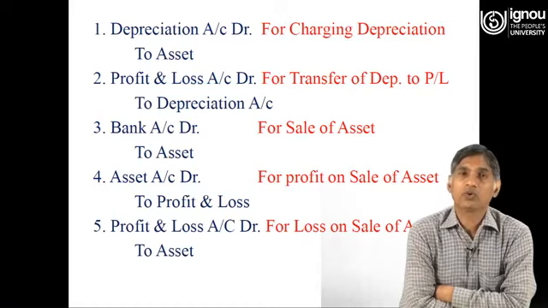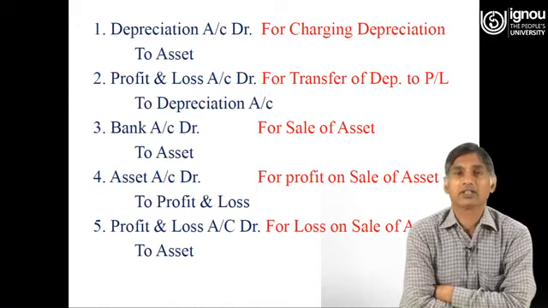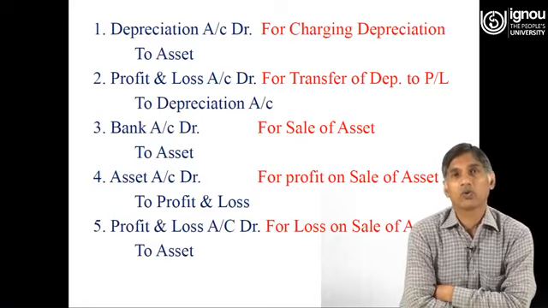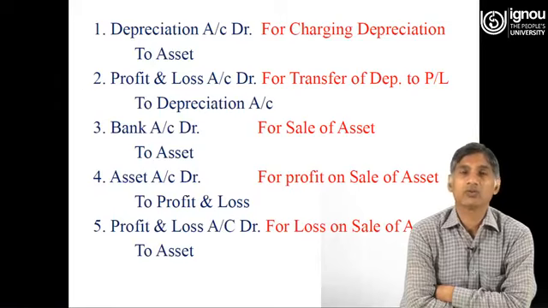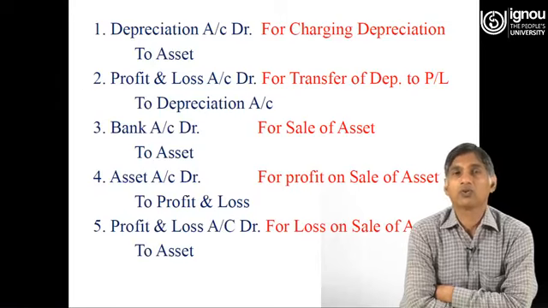Since the asset is going out, as per the rationale of the real account, the asset account will be credited, because the rationale of the real account is debit what comes in and credit what goes out. So here the asset was going out, therefore the account of asset will be credited.